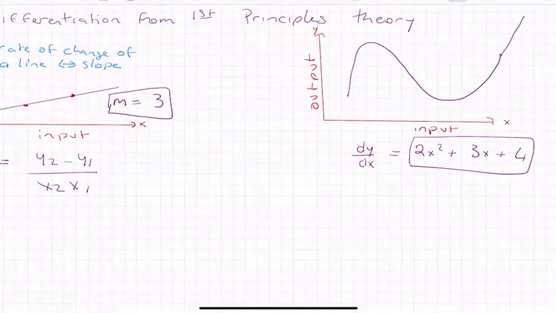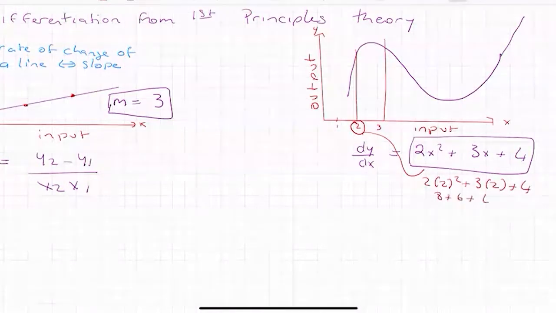And the reason we get a formula is because at any point in time, you can sub in that value of x and get the slope just at that particular point. So at this point 2 here, just at that point, I'm getting an actual slope of 18. But of course, if I move anywhere left or right at that point, the slope actually changes.